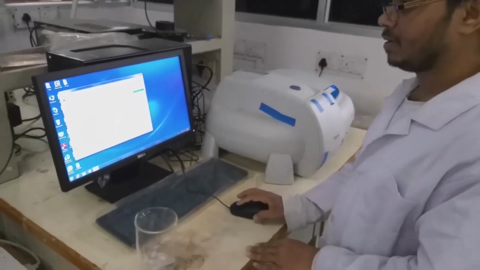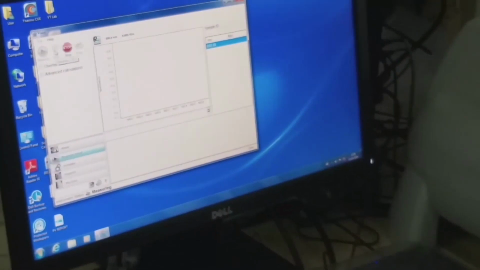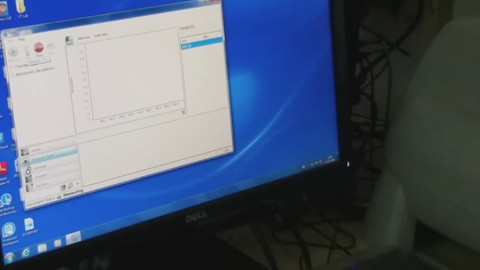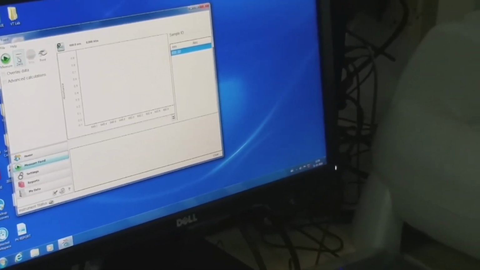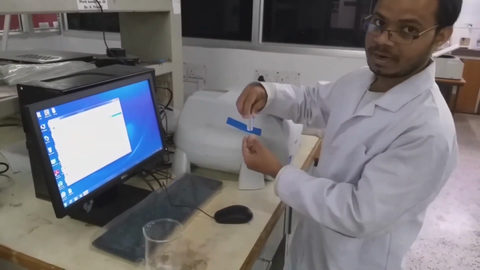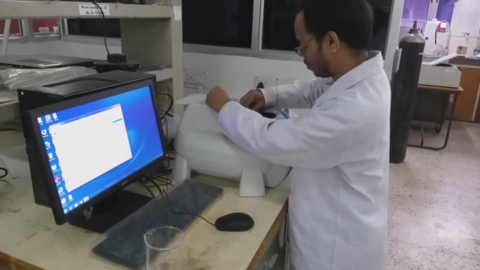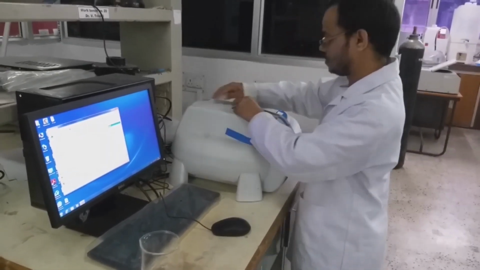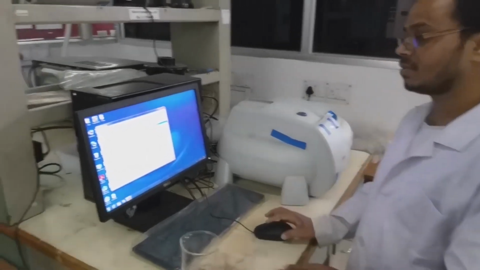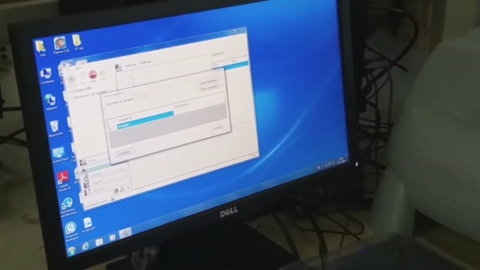I am going to keep it and say measure 0. Now it is 0. So this is our inoculated culture. I am going to put this sample in, then ask it to measure.